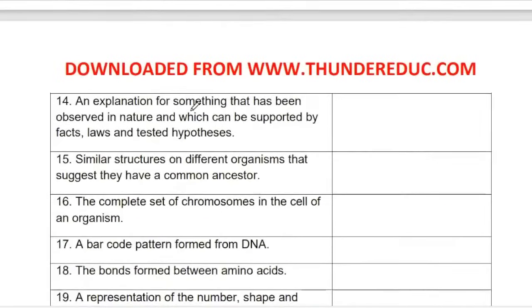Then an explanation of something that has been observed in nature and which can be supported by facts, laws and tested hypotheses, it is a theory. Remember, when they ask you this, it is either theory or hypothesis. If they say tested hypothesis, the answer is the theory.